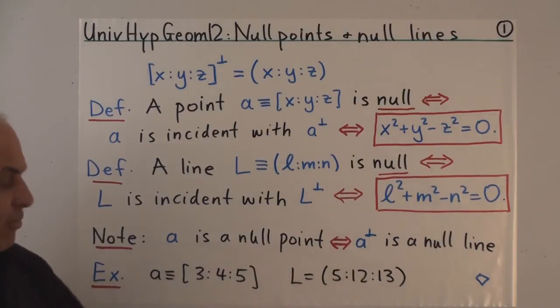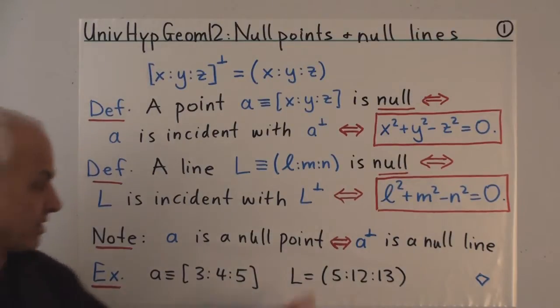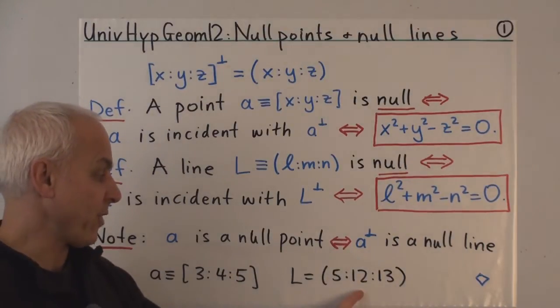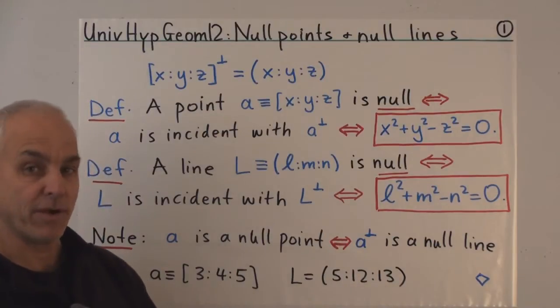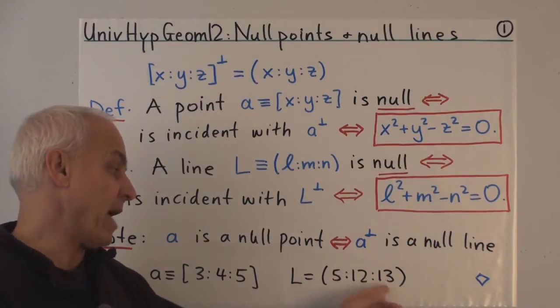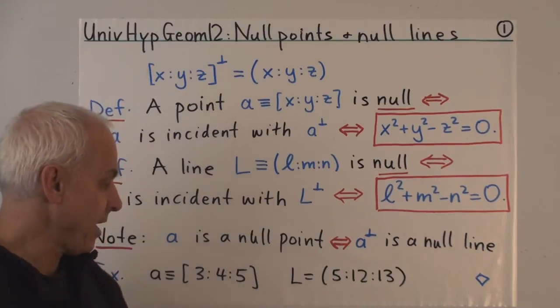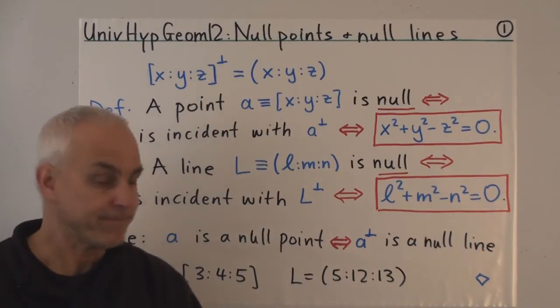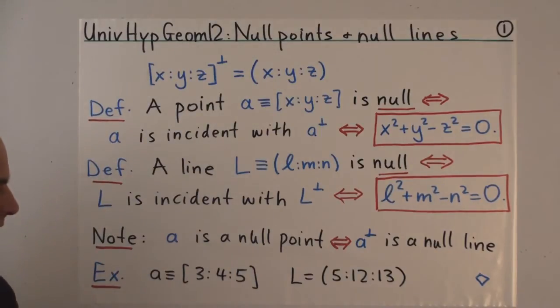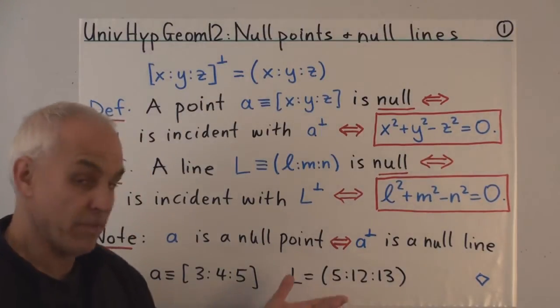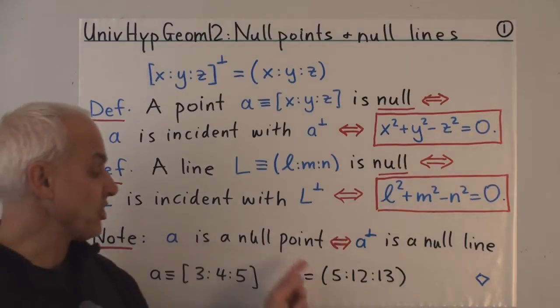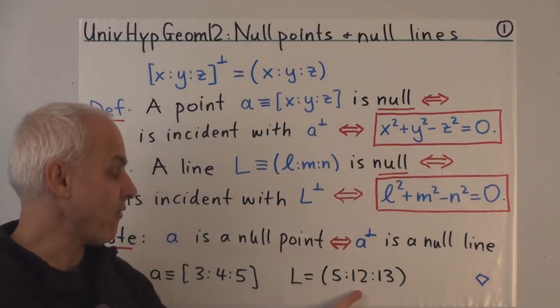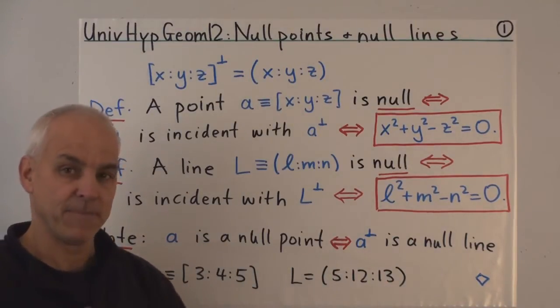And here is an example of a null line, because 5 squared plus 12 squared equals 13 squared. So 5 squared plus 12 squared minus 13 squared is 0. That's 25, 144, 169. And that is geometrically the line with equation 5x plus 12y equals 13.